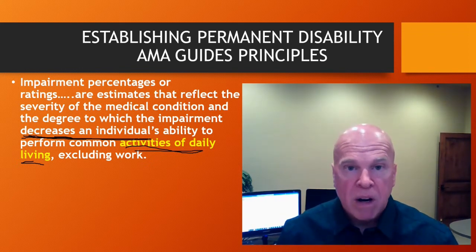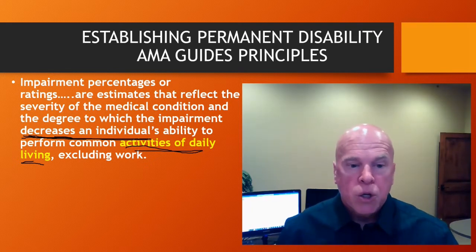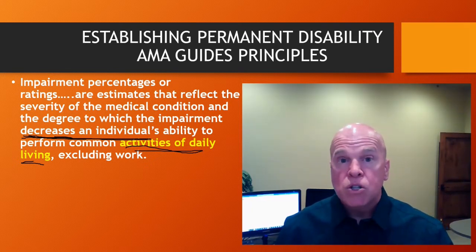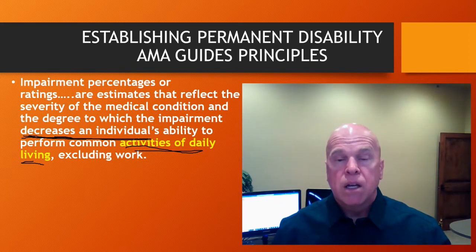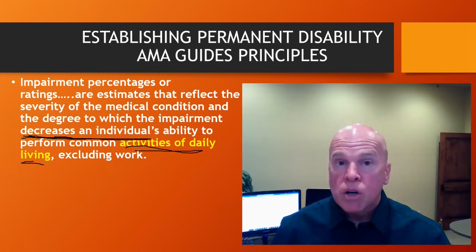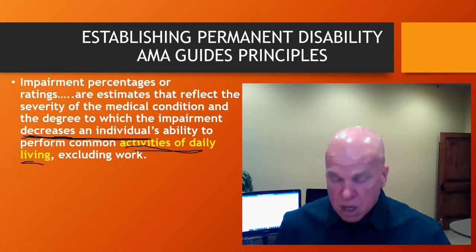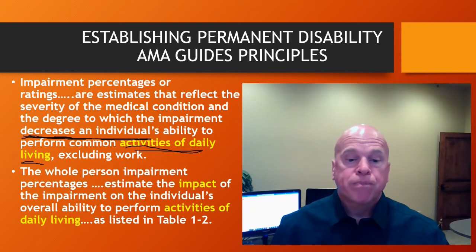So you need to be very, very targeted and focused in discovering your examinee's true limitations with activities of daily living if you want to prove that the conservative and strict impairment rating provided for under the AMA guides is not accurate.